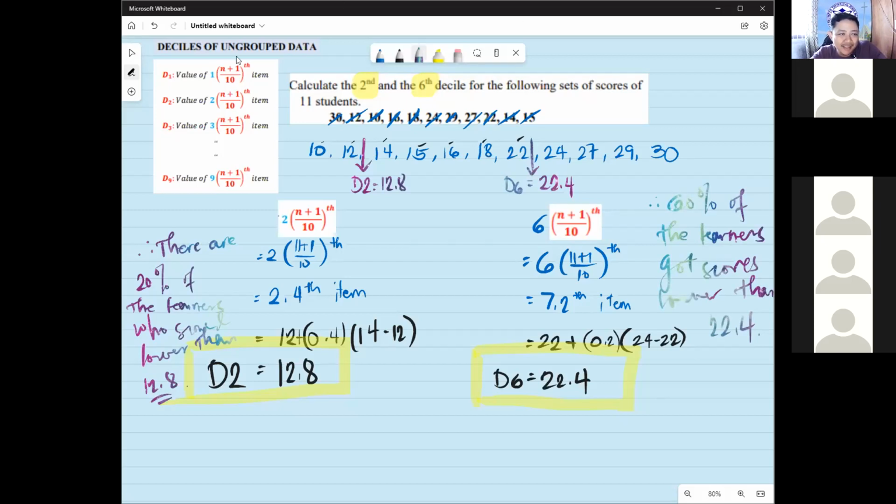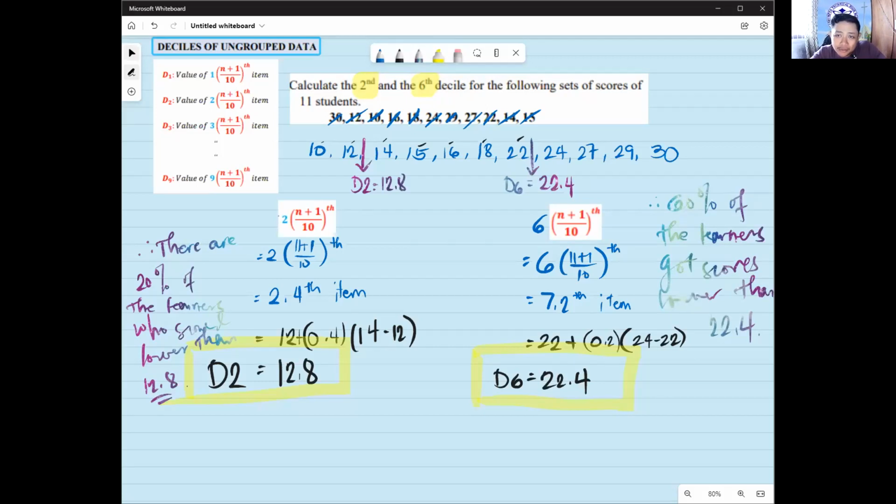That is for the deciles of the ungrouped data. A while ago, I told you that they are actually just the same as the percentile. Just that in the deciles, it's 1, 2, 3, 4, 5, 6, 7, 8, 9, but for the percentile, it's from 1 to 100. So what is the formula?